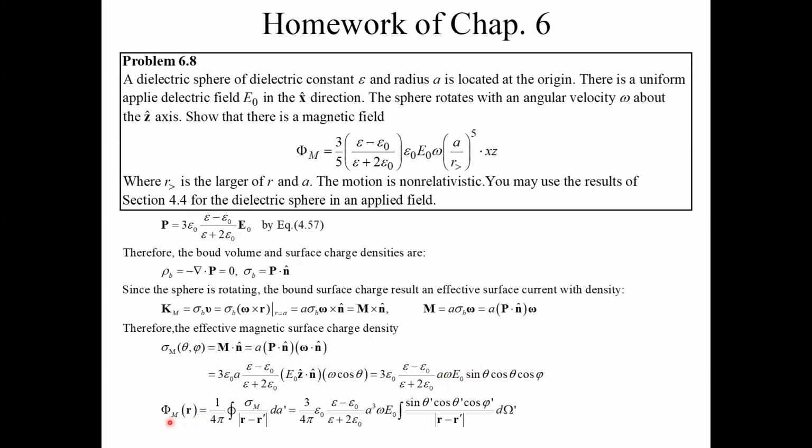And next, if we want to calculate the magnetic field, then we need to integrate over the surface, contributed from our surface charge density, and it will be like this. And next, we use some tricks to change this one into spherical harmonics and expand 1 over r in spherical coordinates.